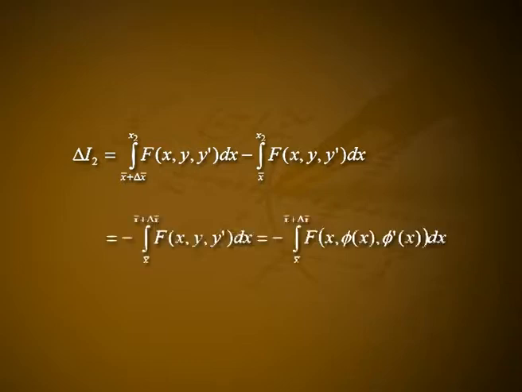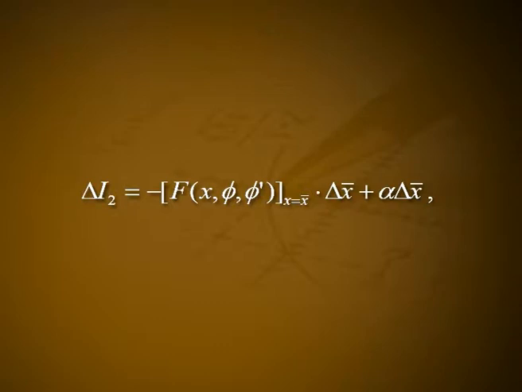Thus, delta I2 is equal to integral from x bar plus delta x bar to x2 of f of x, y, y dash dx minus integral from x bar to x2 of f of x, y, y dash dx, which is equal to negative of integral from x bar to x bar plus delta x bar of f of x, y, y dash dx, which is equal to negative of integral from x bar to x bar plus delta x bar of f of x, phi of x, phi dash of x dx.